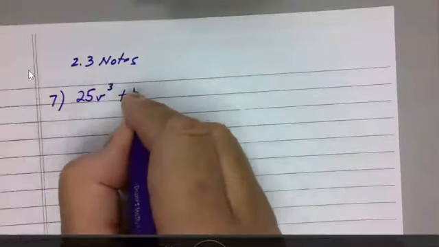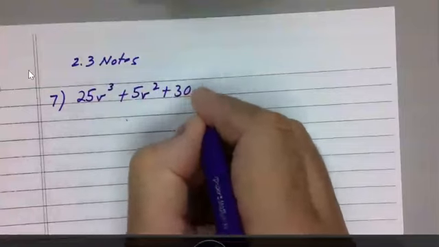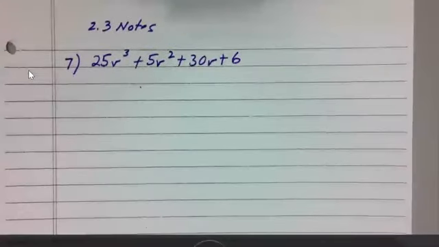Okay, number 7. 25v cubed, plus 5v squared plus 30v plus 6. Okay?